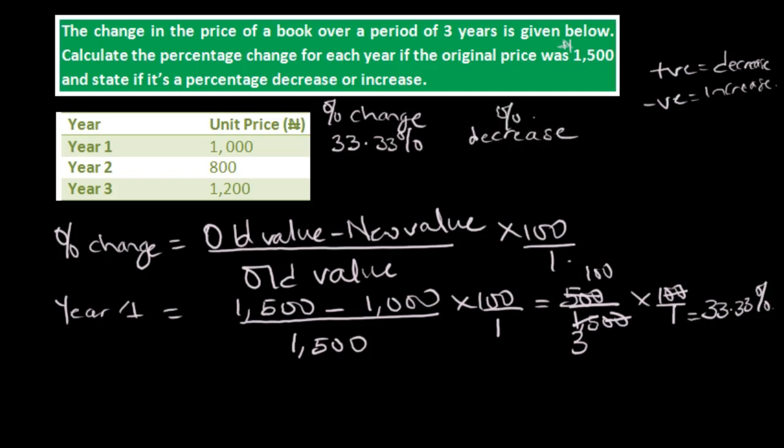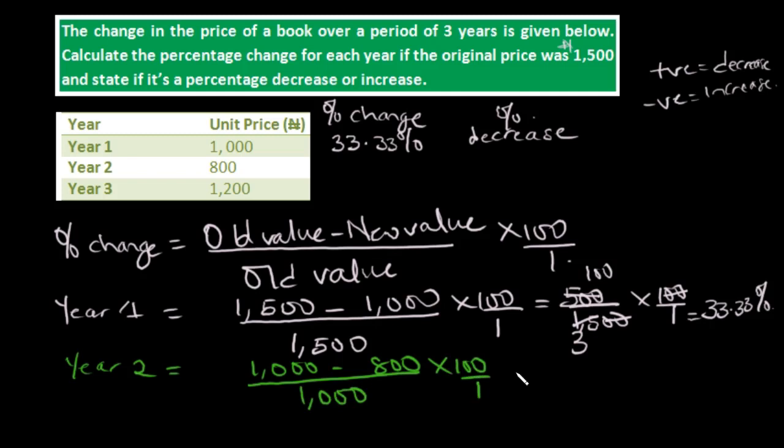So now we go to year 2. After year 2, the old value is going to be 1,000 because we are comparing it over 3 years, year after year. The new price as at second year is 800. Comparing it to the old price, which is 1,000 naira, multiplied by 100 over 1.